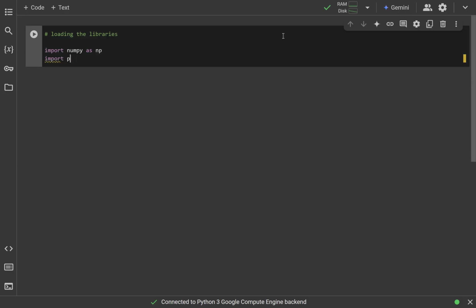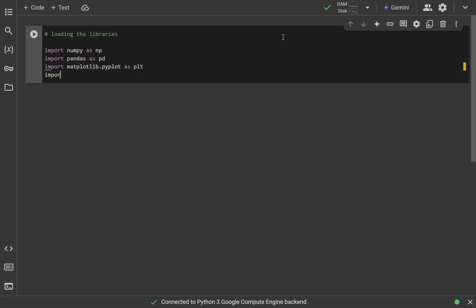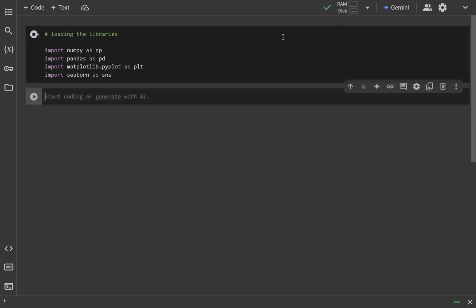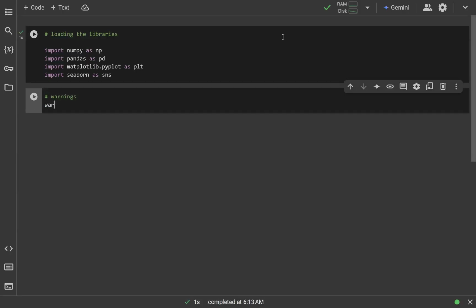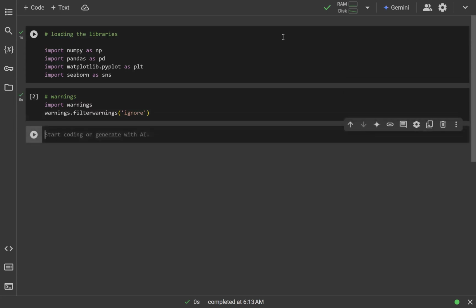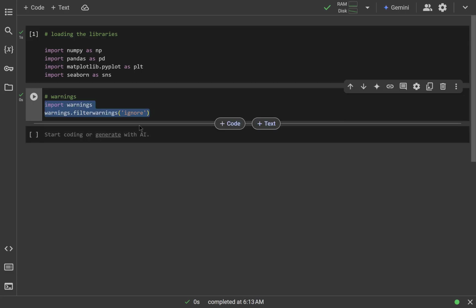So I will be loading a few libraries here. Some suggestions and warnings will be coming up, and for that purpose I will be ignoring these warnings.